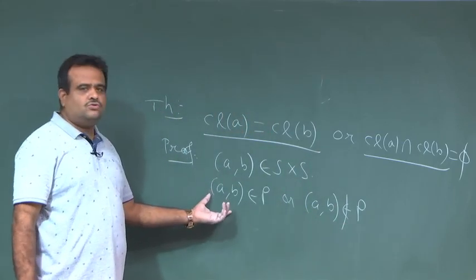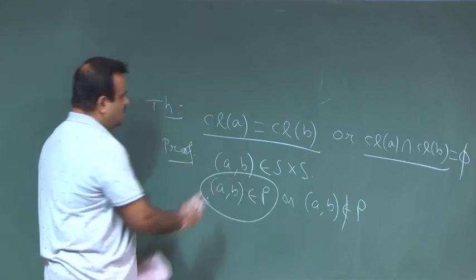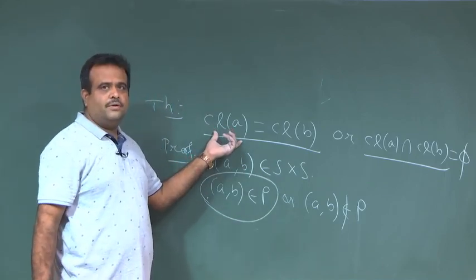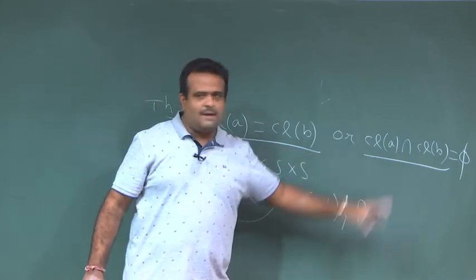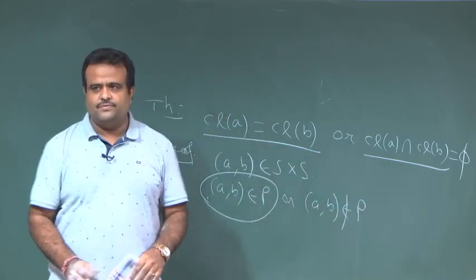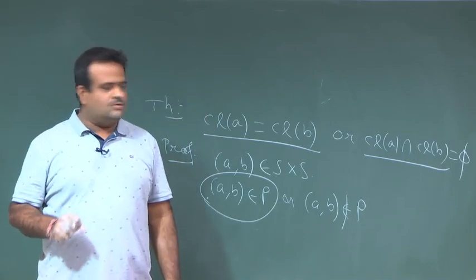If (a, b) belongs to rho, then we will prove that the classes are the same, and if (a, b) does not belong to rho, then they have two disjoint classes, they will not have any common element in the class. That we have to prove.